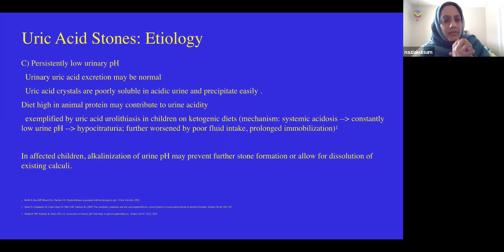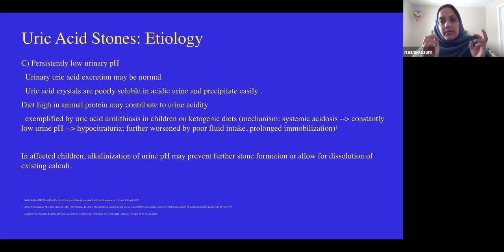So for uric acid, the main thing is again the low urinary pH is one contributing factor, and then high uric acid in the urine, and then the diet that is also contributing to it, and low water intake definitely is a perfect setup for them to develop uric acid kidney stones. So the treatment would be to increase water intake, alkalinize the urine by using say citrate, and then third thing is to decrease the uric acid production, so you decrease the protein intake.